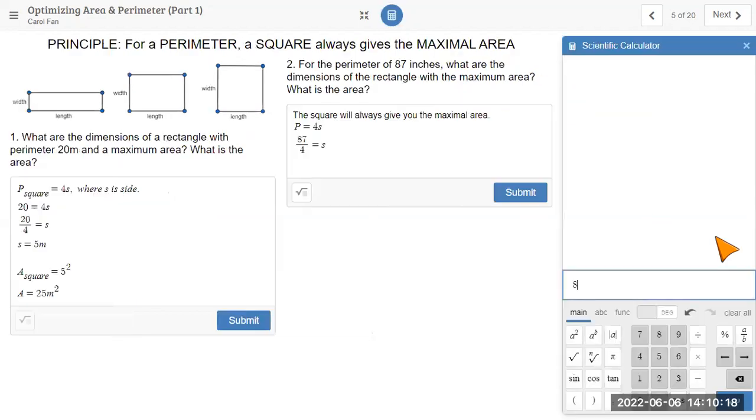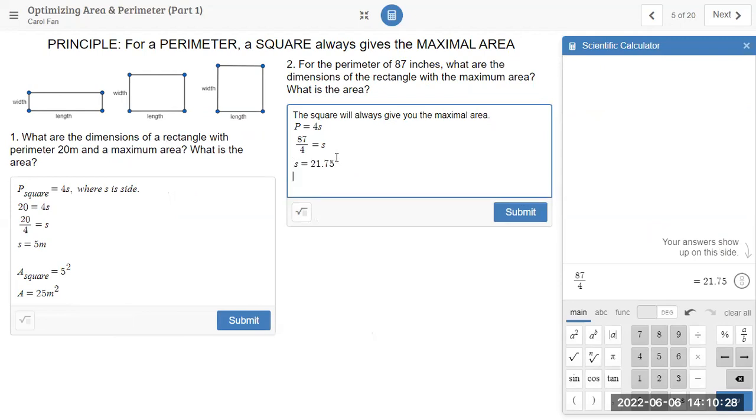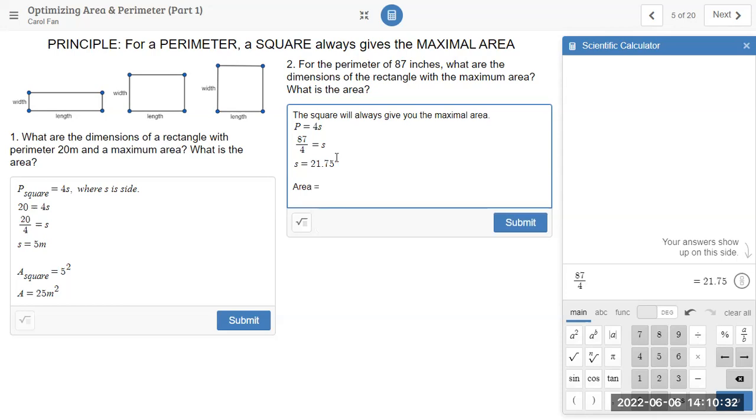So in this case, the side that we have is equal to 21.75 inches. So what's the area? The area is going to be length times width, but in this case, the length and the width are the same.